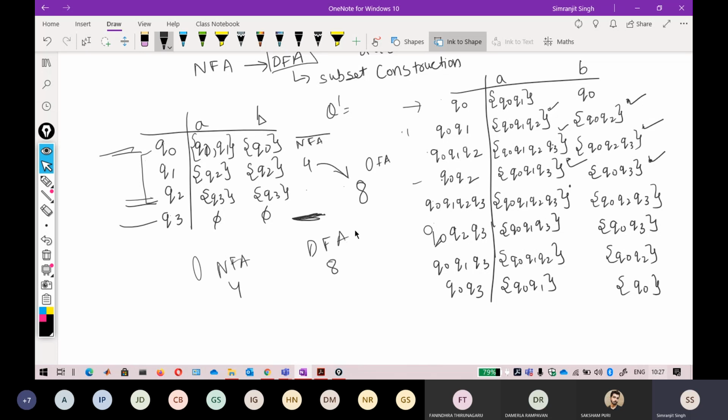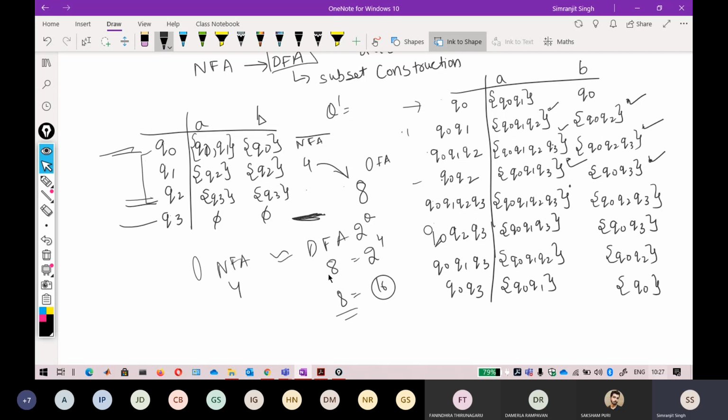So the equivalent DFA can contain a maximum of 2 raised to power q, which here is 2 raised to power 4, which is 16. A maximum of 16 states, but it is generally less than that. Keep that in mind.